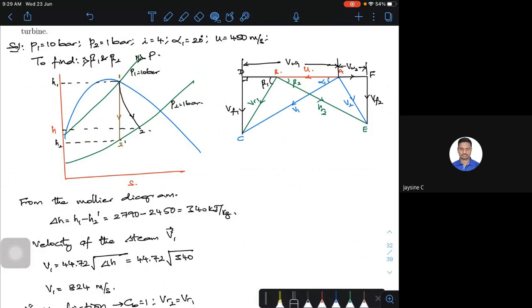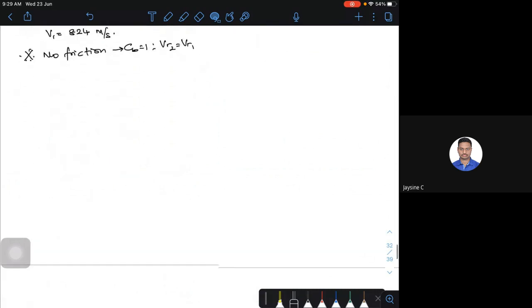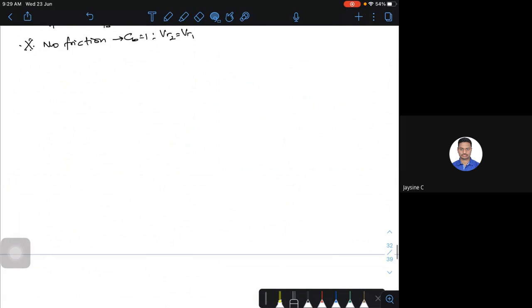From the inlet velocity triangle, cos alpha 1 is equal to VW1 by V1, or VW1 is equal to V1 cos alpha 1.